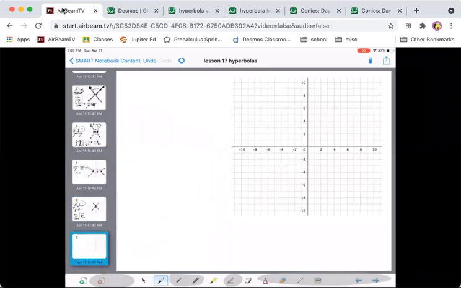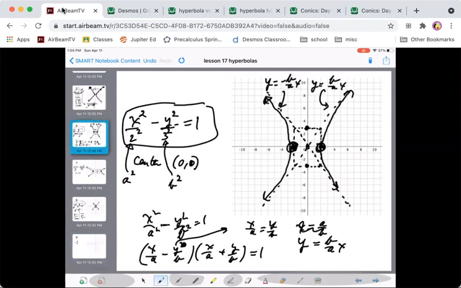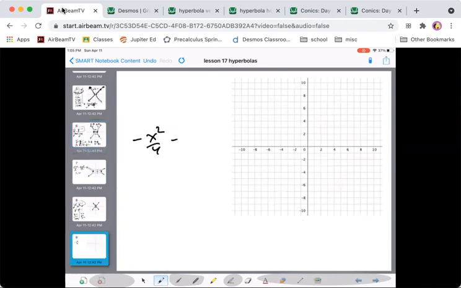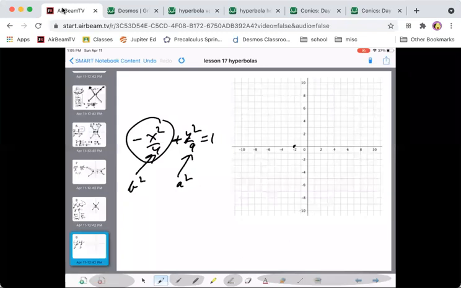So another example would be negative x squared over 4, actually, why don't I use the same examples here? Oh, yeah, I am. Minus y squared or plus y squared over 9. So for this one, even though this thing officially is b squared now, and this is a squared, whatever's underneath the x squared is how you go left and right.